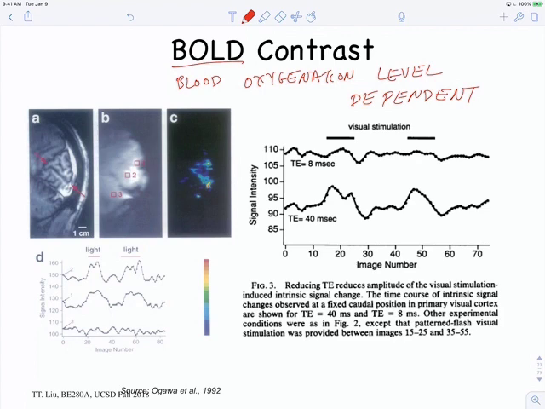This is BOLD contrast, and the main thing I want to point out on this slide is the dependence on echo time. If I acquire at TE equals 8 milliseconds, I don't really have much signal. In fact, in this study, when they moved the echo time out to 40 milliseconds, all of a sudden they're recovering the signal they want to look at. So we want to spend a few minutes talking about why there is this echo time dependence of the BOLD signal.